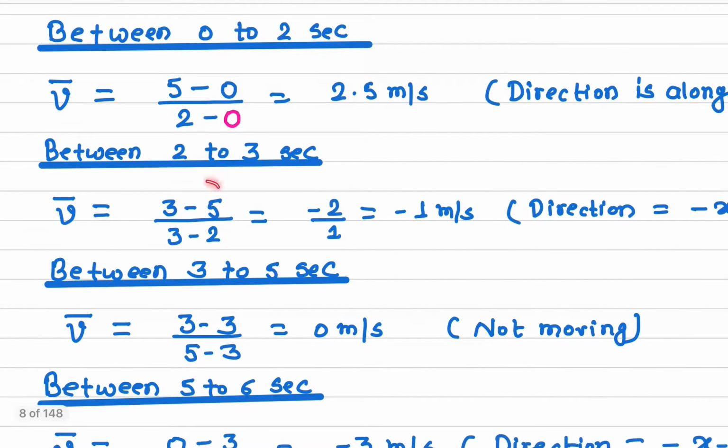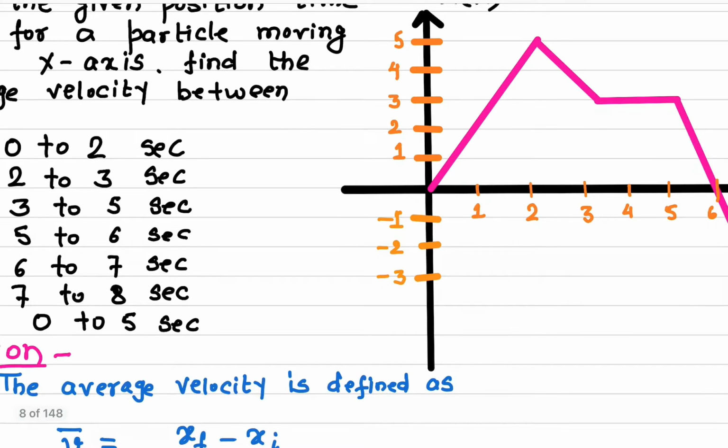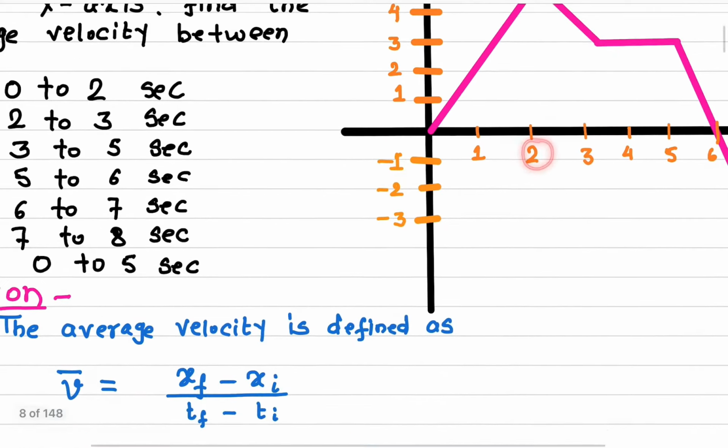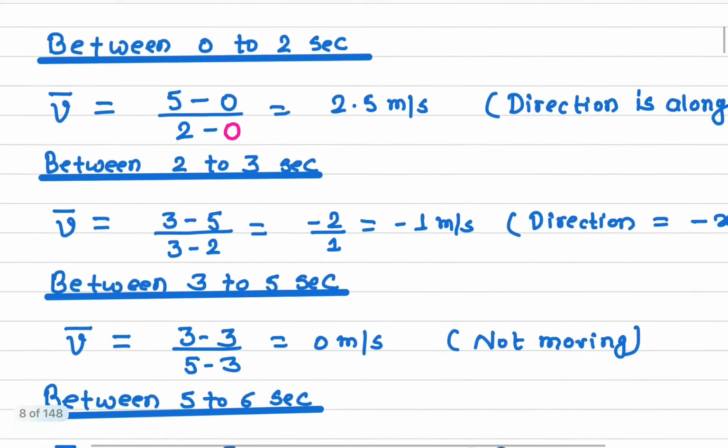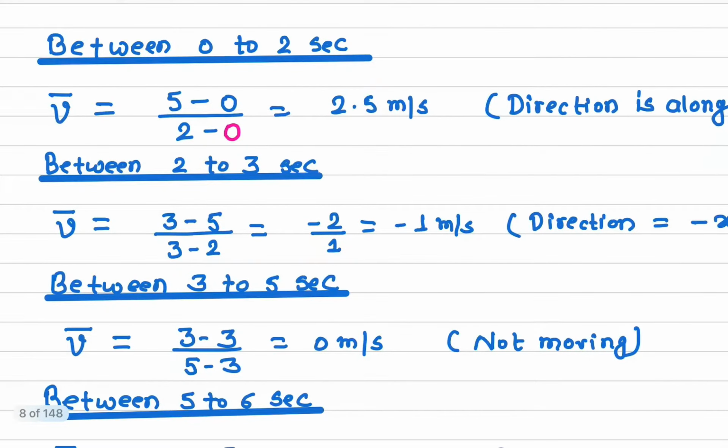So I'm plugging in 3 minus 5, over the final time 3 seconds minus the initial time 2 seconds. If we solve it, it is negative 2 divided by 1, which is negative 2 meters per second. Again, a minor correction here.